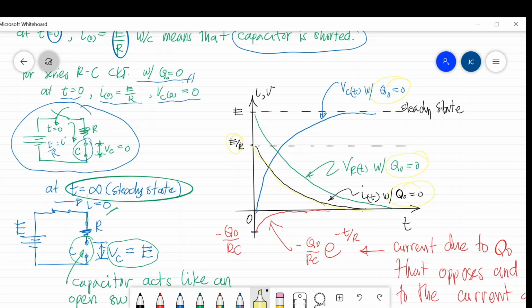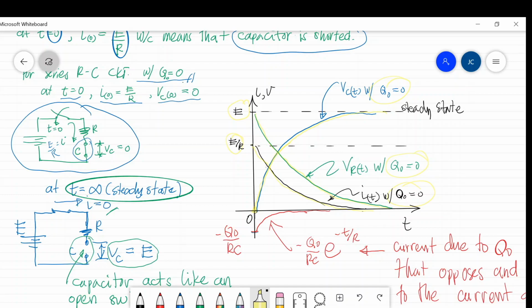While the voltage in the capacitor starts at 0 and increases to its final value as time elapses, which is equal to E. While this voltage in the capacitor increases, the voltage in the resistor decreases, approaching 0.